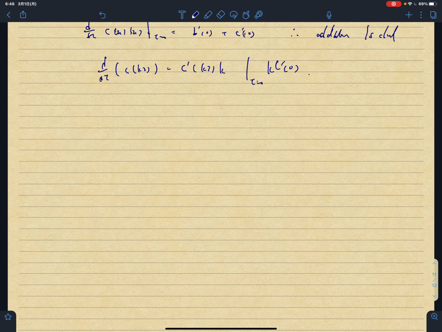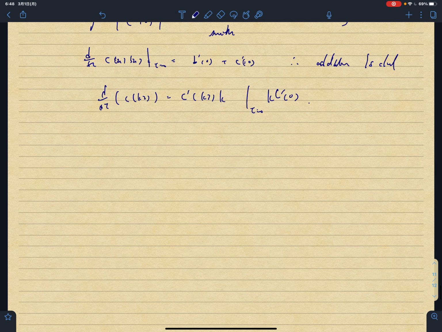Second, z is closed under conjugation. If c is a smooth curve in z passing through the identity, then the reflection at t equals 0 we see is in z.